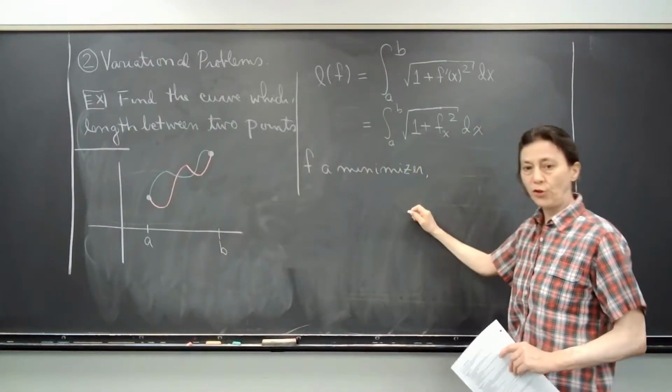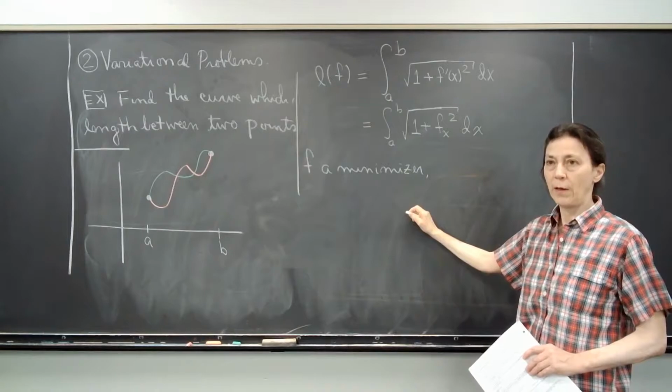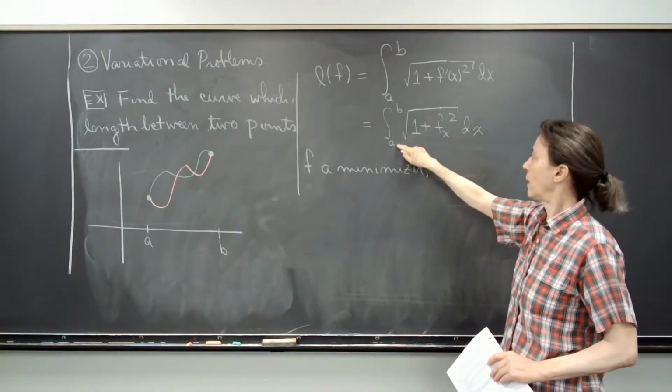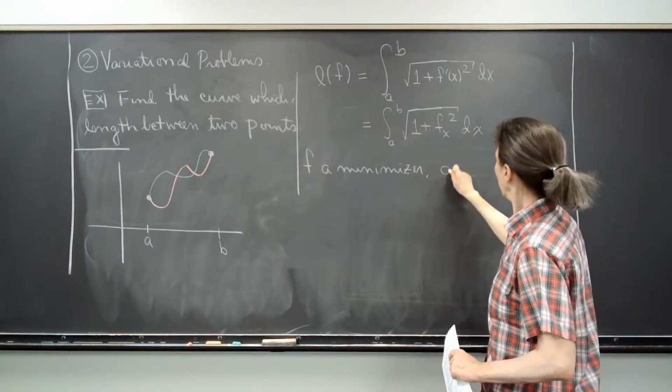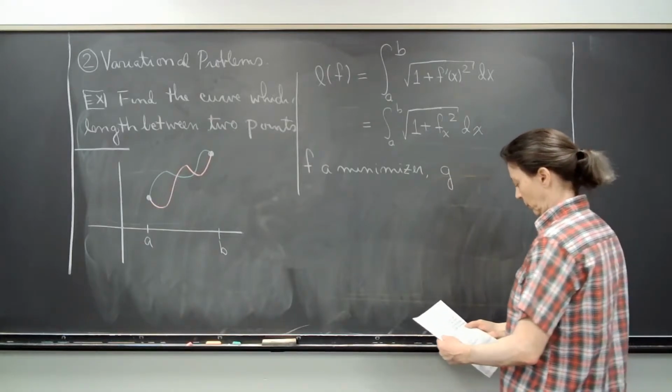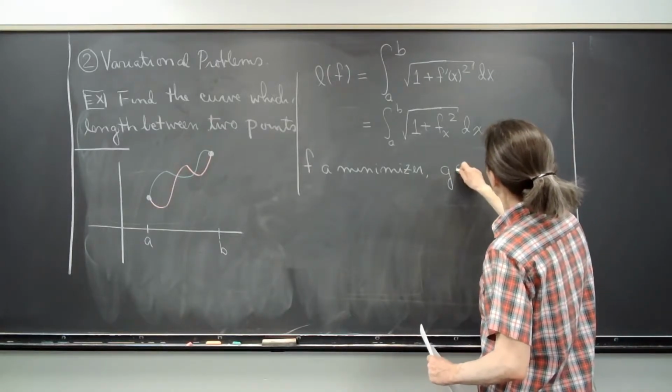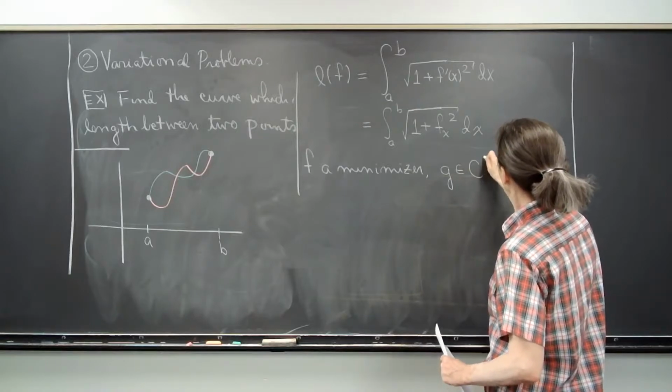And suppose that G is any other function that vanishes at A and B. We're going to want to take its derivative also.